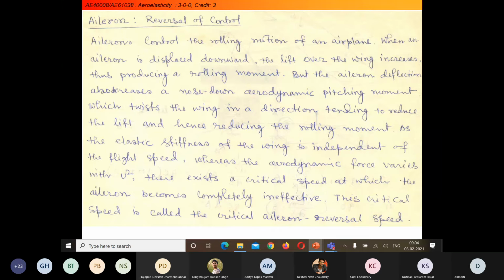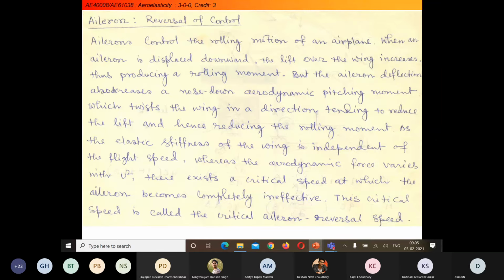Aileron controls the rolling motion of an aircraft. When an aileron is displaced downward, the lift over the wing increases, thus producing a rolling moment.